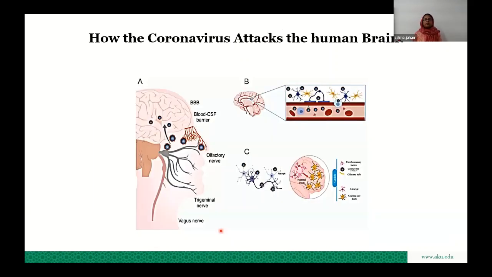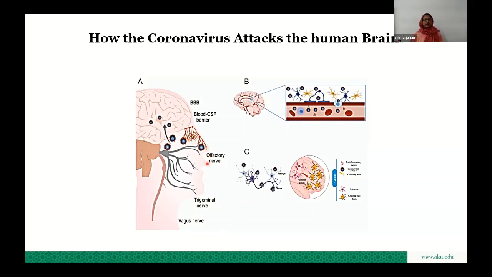Now I'm going to introduce the hot topic of the last couple of years, since corona came into our lives and caused so much problem to many people who got affected. Many neuroscientists started looking at coronavirus pathology, and how this coronavirus infects the human brain and crosses the blood-brain barrier.